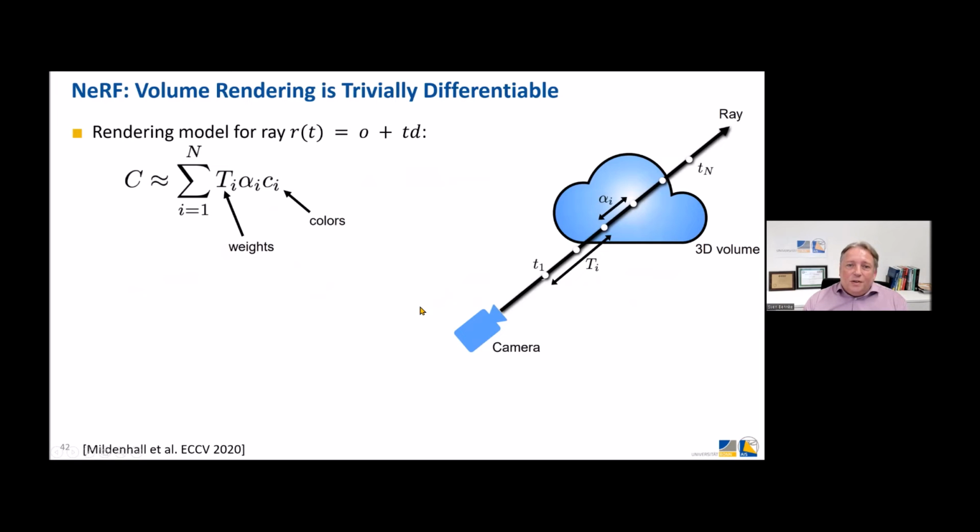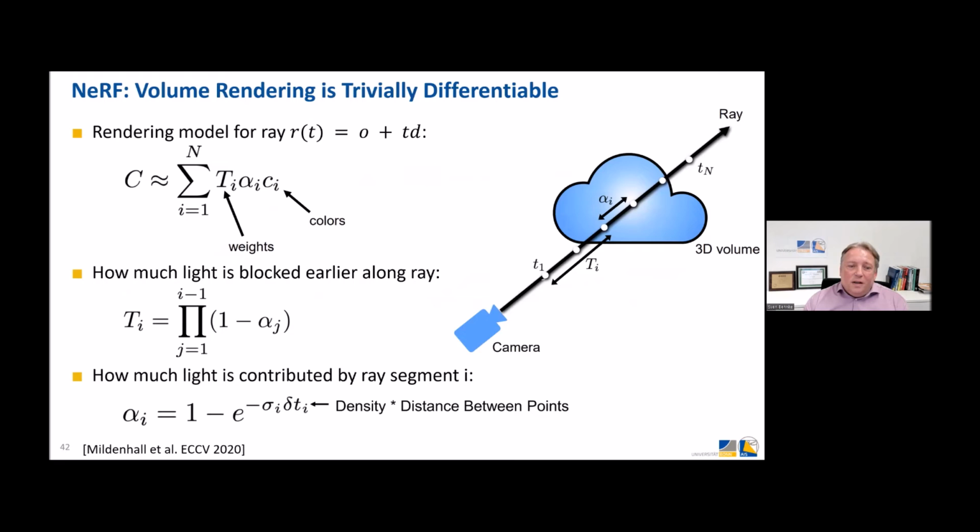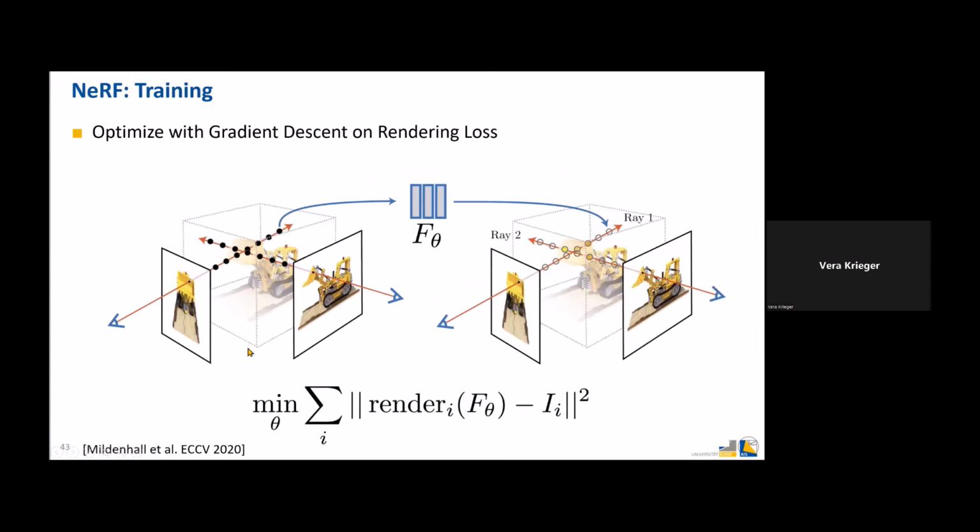This approach is trivially differentiable. So we have a very simple way how we combine these local colors. We have to model how much light is blocked earlier along the ray and how much light is contributed by a certain ray segment. And all this is so simple that it's differentiable.